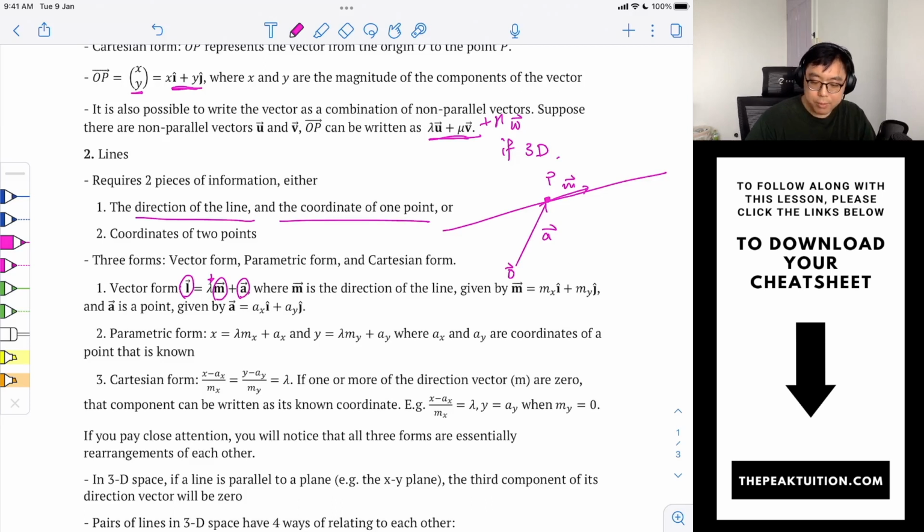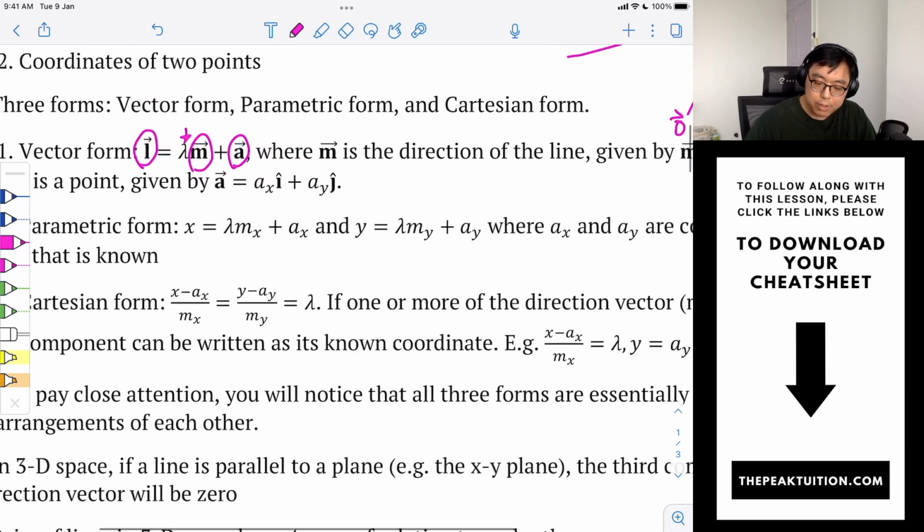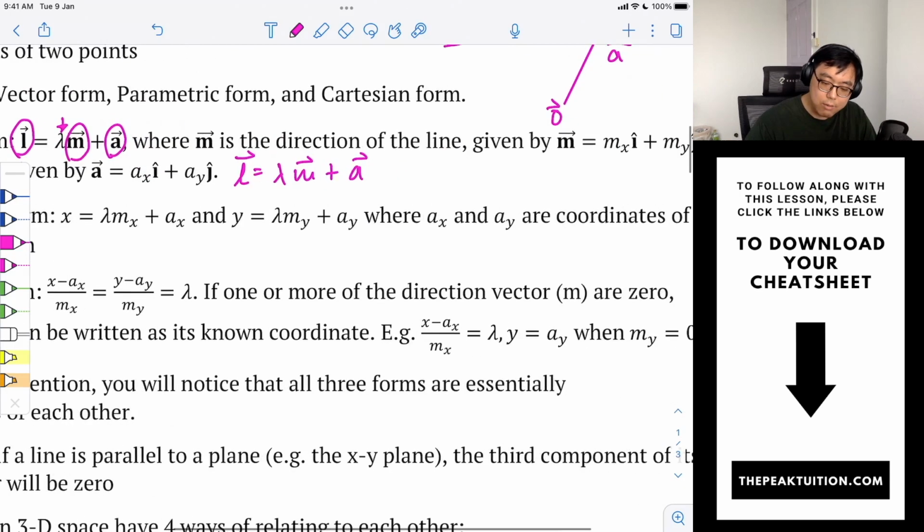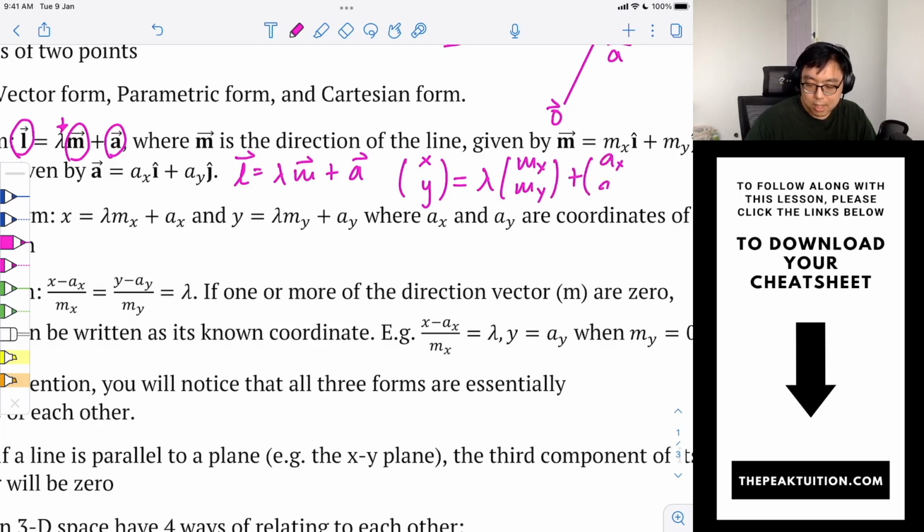The parametric form is basically a broken-down form of the vector form, because we know that the vector form is L equals lambda M plus A. We can write this as (x, y) of all the possible points equals lambda (mx, my) plus (ax, ay).